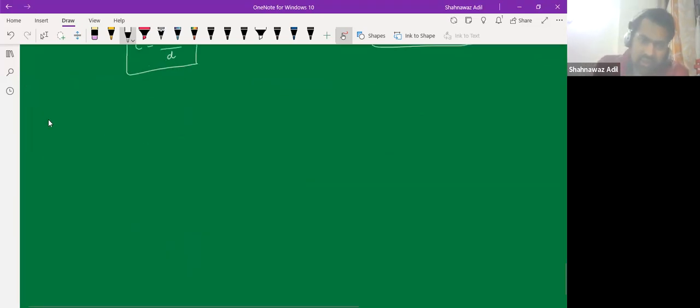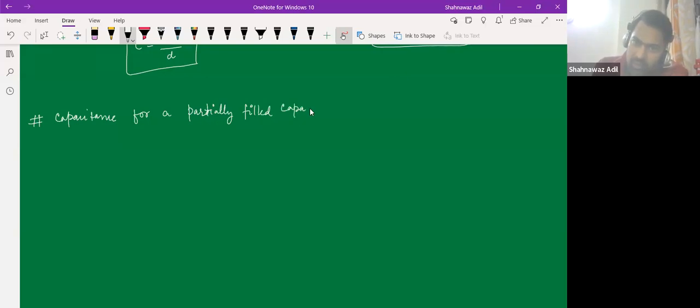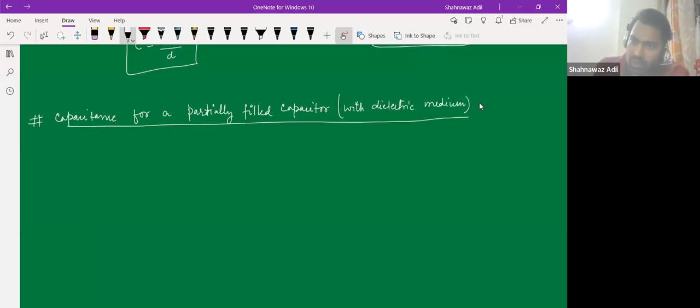Now we will calculate the capacitance for a partially filled capacitor with dielectric. So then this would be how much?